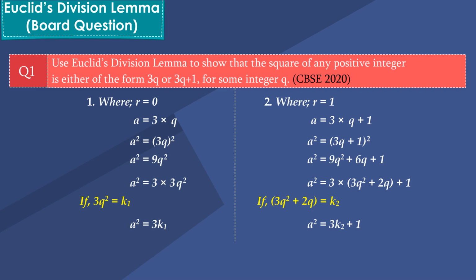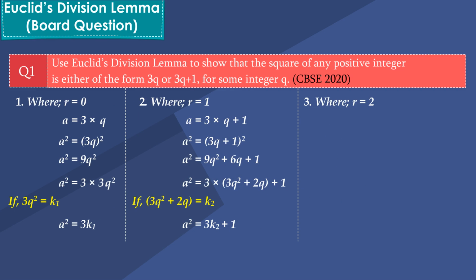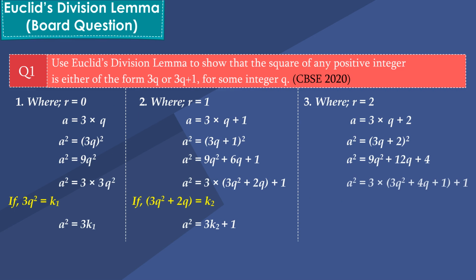Finally, let us take the scenario where r is equal to 2. On squaring both sides and simplifying, we can substitute 3q square plus 4q plus 1 as k3, where k3 is a positive integer.